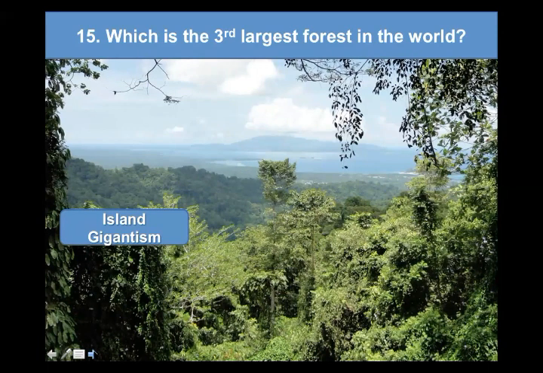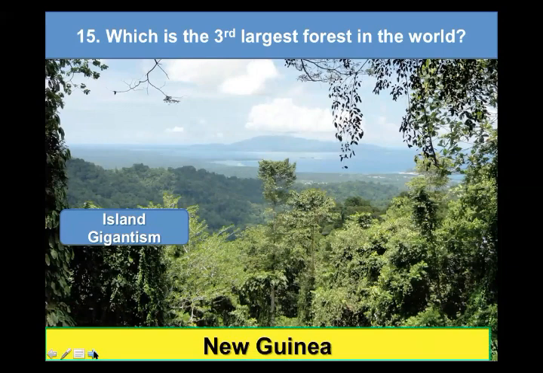The third largest forest in the world you'll find in New Guinea, Papua New Guinea. In evolution, it's been considered one of the best examples of how the Darwinian hypothesis talks about island gigantism. Then Wallace, another evolutionary biologist, also talked about island gigantism.